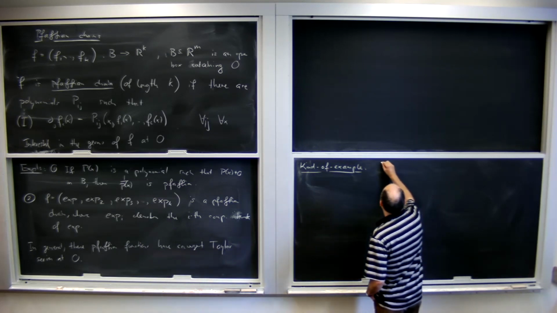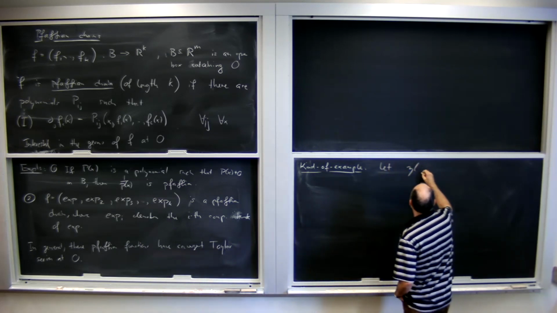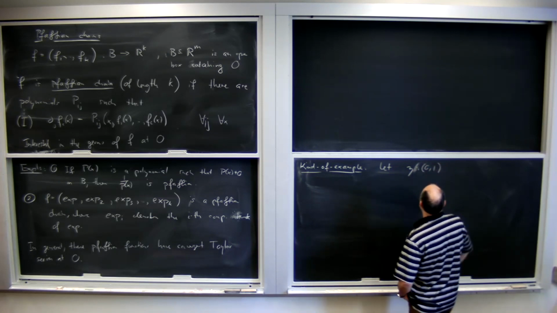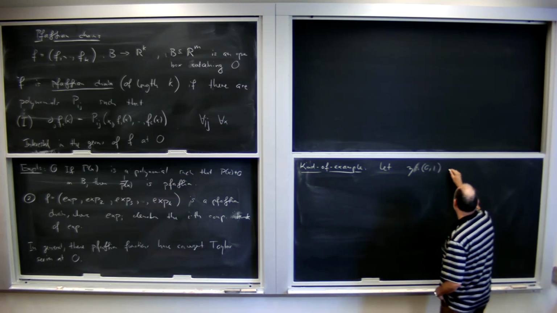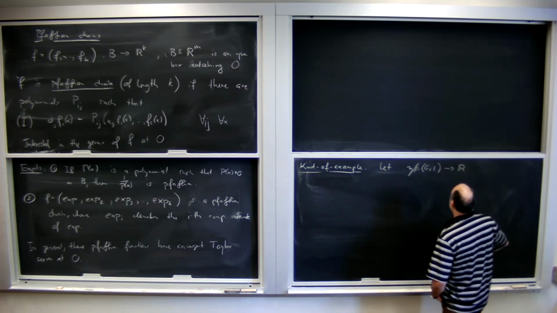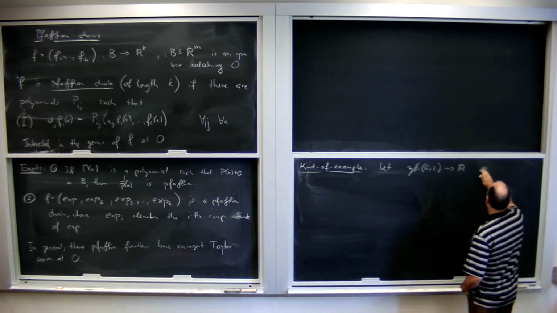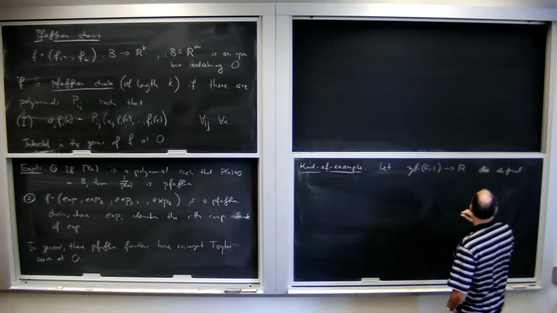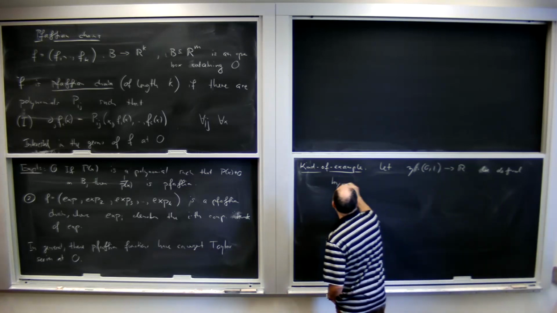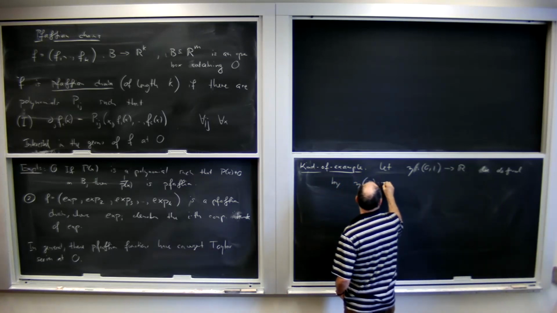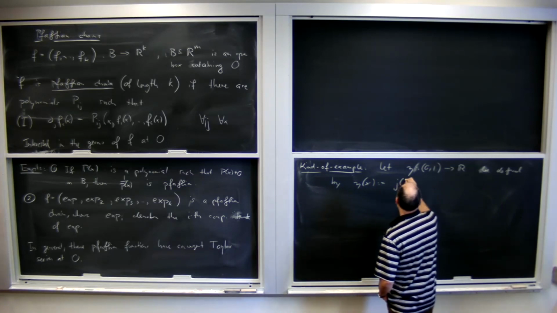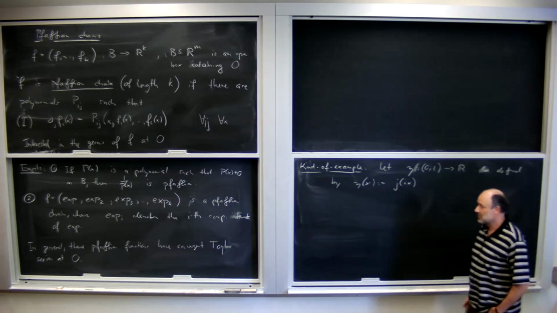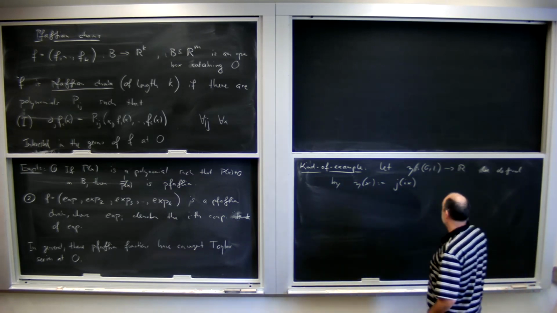Look at the function eta, which is defined on the interval 0, 1. It takes real values. And this is the function: eta of x is j of ix, where j is the usual j function for elliptic curves.